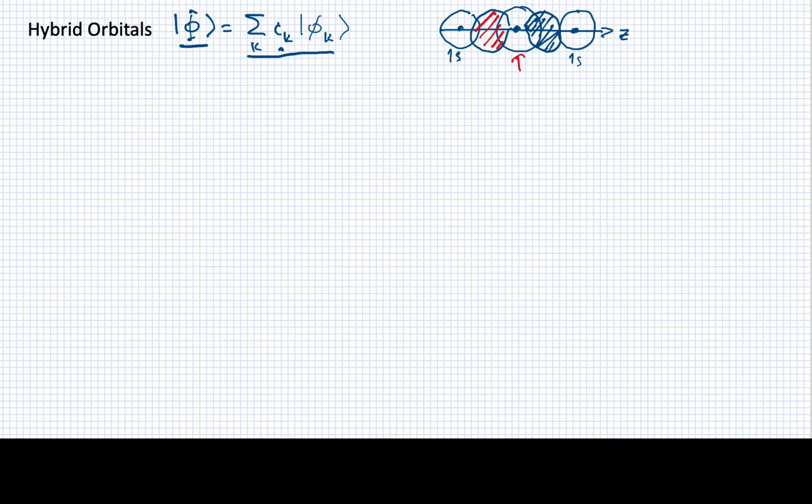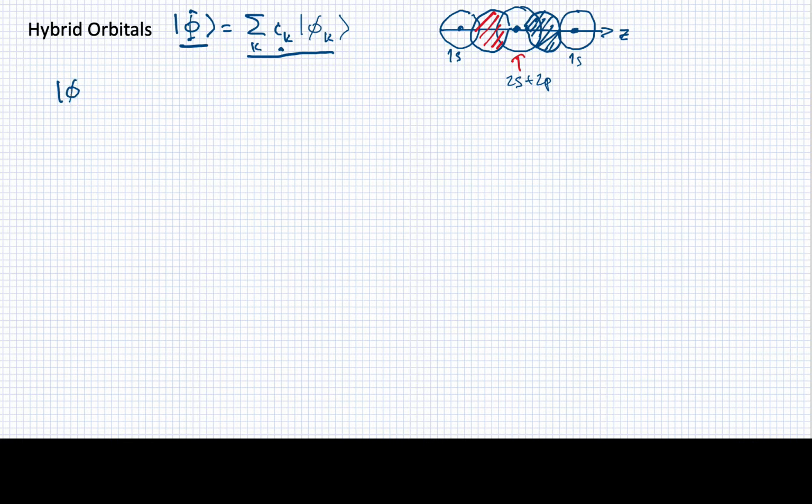But we would end up doing some sort of variational calculation or some sort of self-consistent field calculation to ultimately construct those. But another way might be to simply create a linear combination of the 2s and the 2p orbitals on this central atom and see what that gives us. So for example, I could create an orbital that looks something like this.